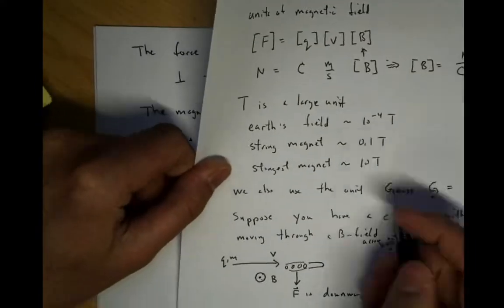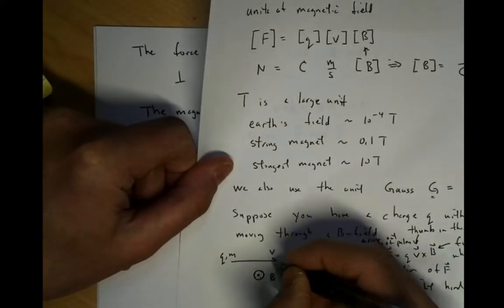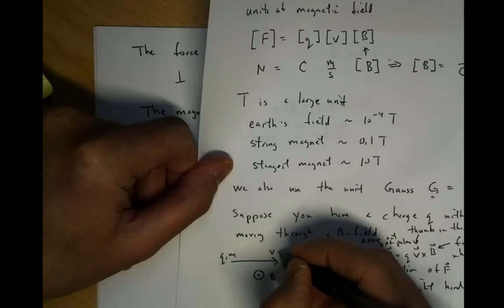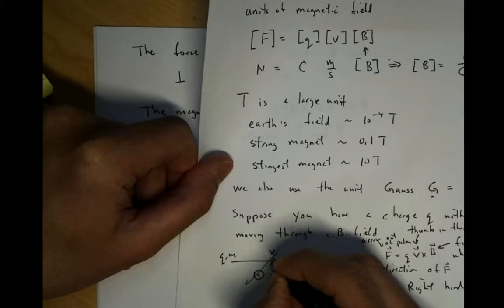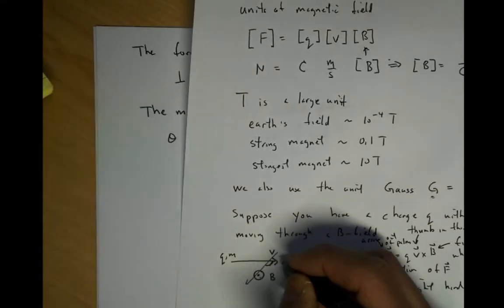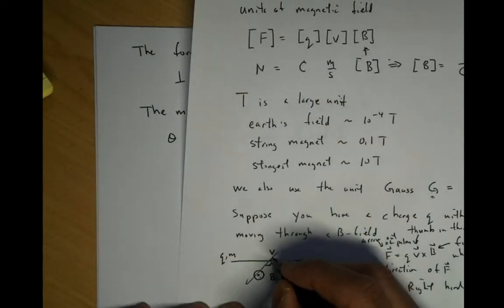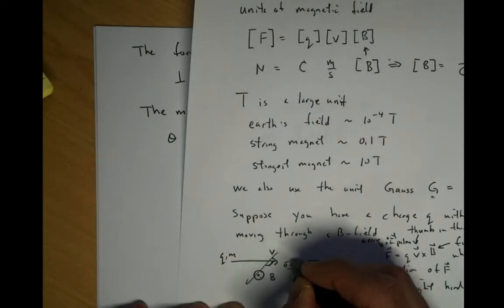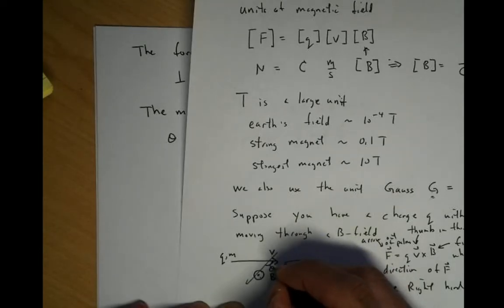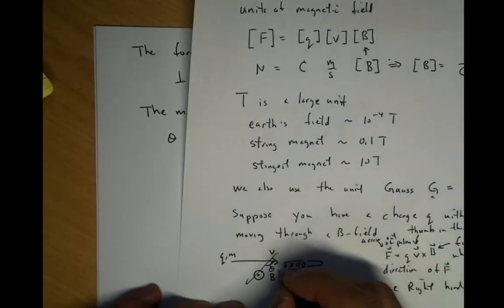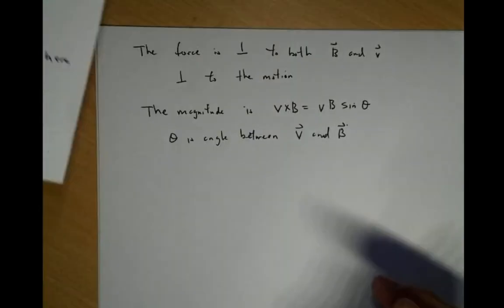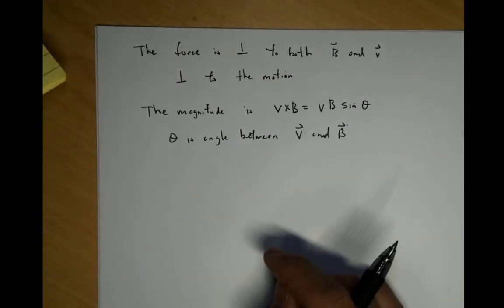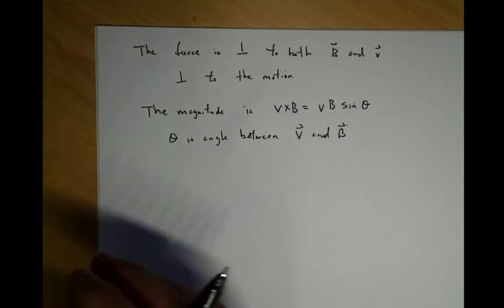So in this previous example here, if you were to look at it from the top, so let's draw the line like that. Then this angle here is the angle between the velocity vector, which is pointing this way, and the B field. This is angle theta here. And in this case, this is equal to 90 degrees, right? Because they're at right angles with respect to each other. Okay? This will also be important later, right?